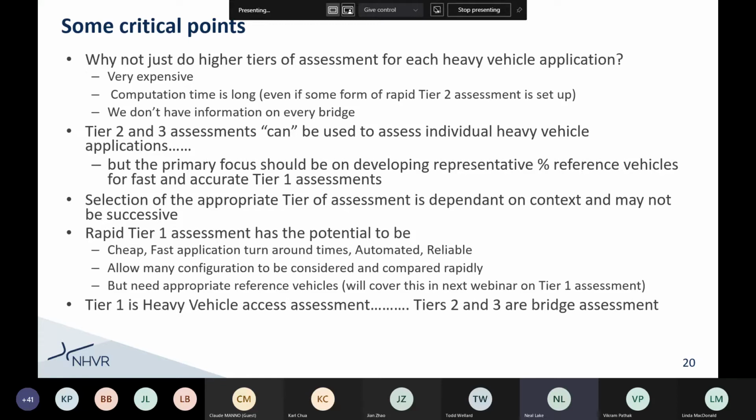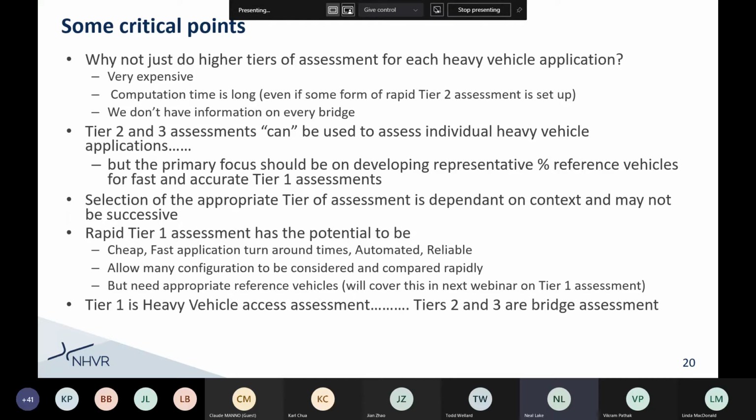The selection of appropriate tiers of assessment obviously is dependent on the context. And as I've described, it may not be successive. It really depends on the context. That's what's really important through that process. Second lastly, the rapid Tier 1 assessment that I'm talking about has the potential to be fast, cheap, quick turnaround times, automated, reliable.